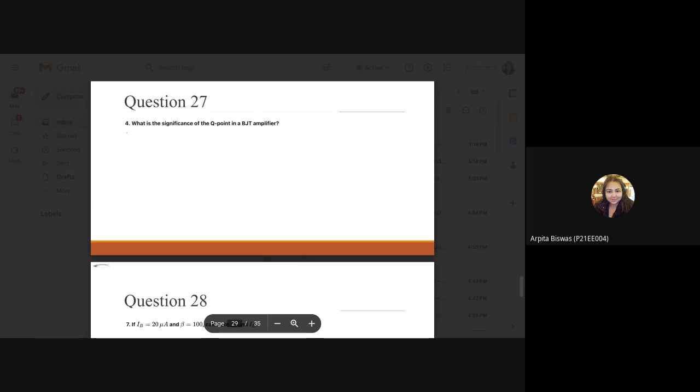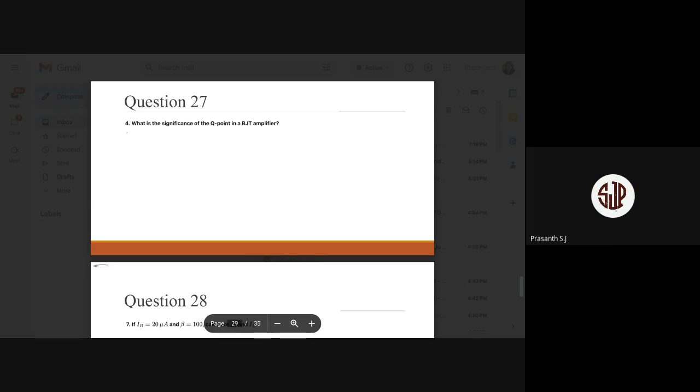I'm not expecting all of you to know all the details, but at least try. Ankit, the Q point determines the operating point at which we will operate the transistor when we do not apply any input signal from outside.